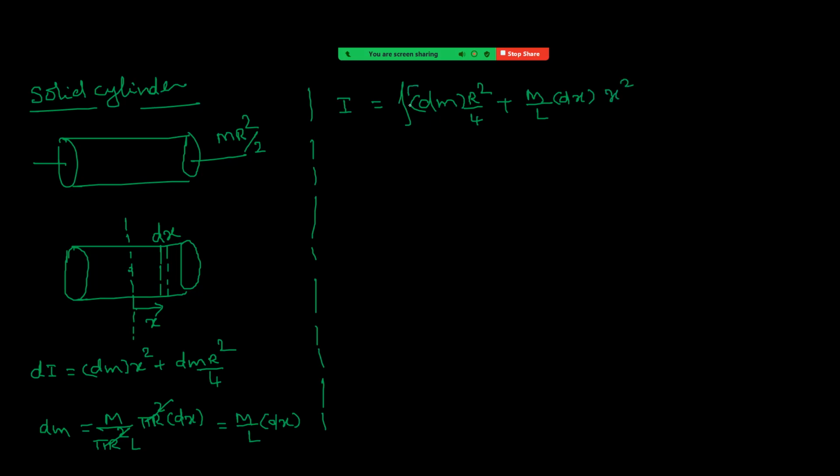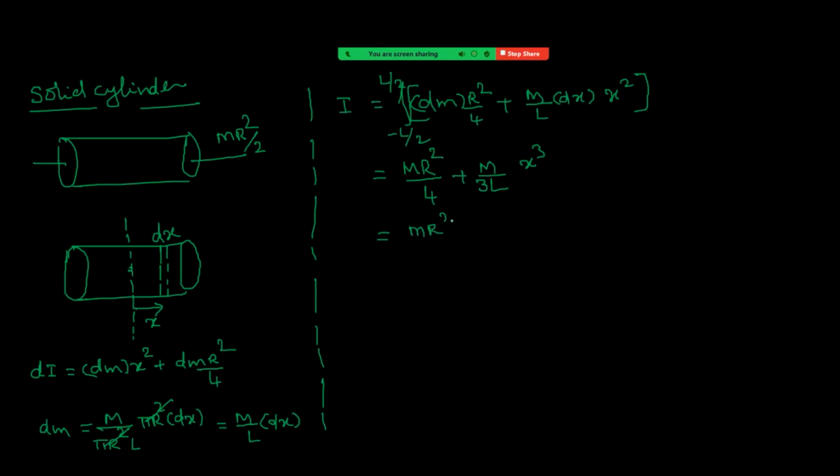And let me take brackets here. Next, you can take r square by 4 outside. Integration of dm gives total mass. So it is m r square by 4 plus, here you can take m by L outside. Integration of x square dx, x cube by 3, same calculation, right? Limits minus L by 2 to L by 2.